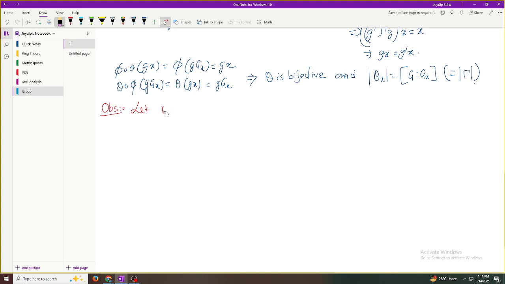I write, let us consider G cross G to G, (g, x) goes to gxg inverse. Check that it is a group action.